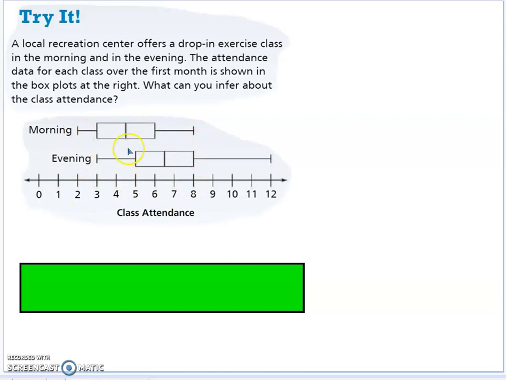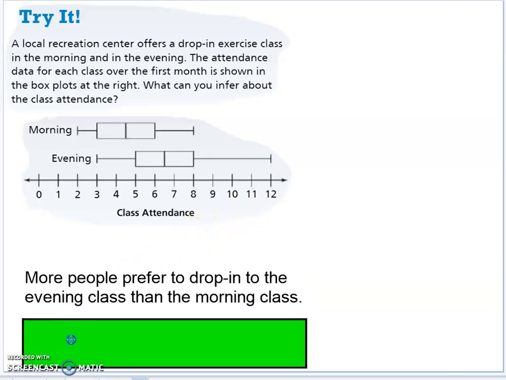You can see the median is right here. And then we see the evening class. So what statement can we make about the class attendance? All right, so what we see is that more people prefer to drop into the evening class than the morning class. I think that's pretty clear by looking at the picture.